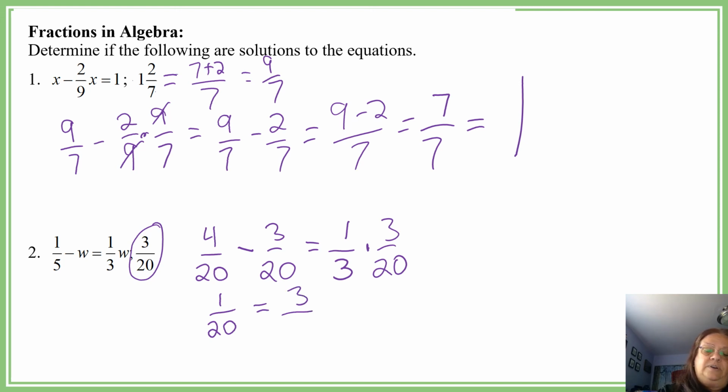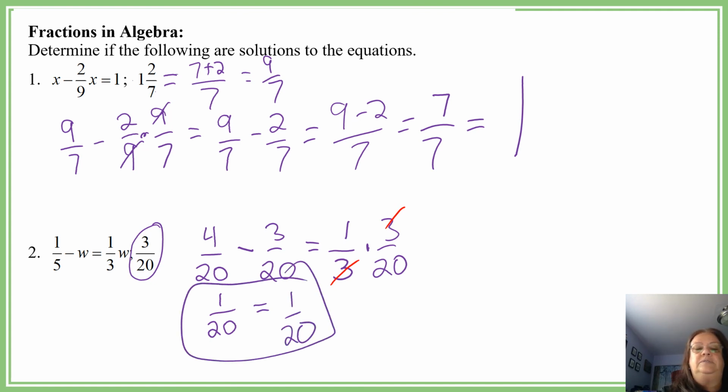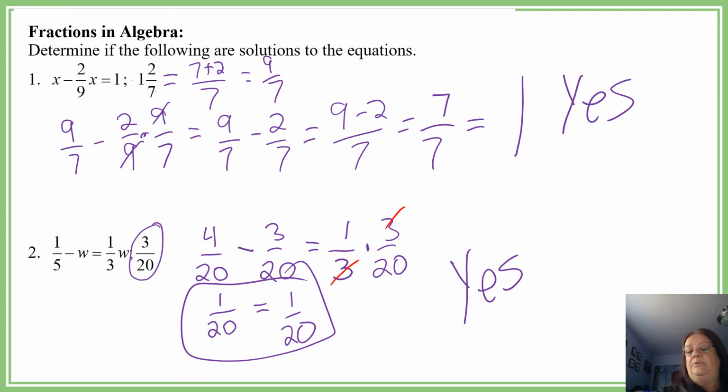Oh, wait, you know what? Look at that. The 3's will cross out. So 3's cross out, and I'm left with 1 over 20. So sure enough, they're equal. So we can write the answer of yes on both of them.